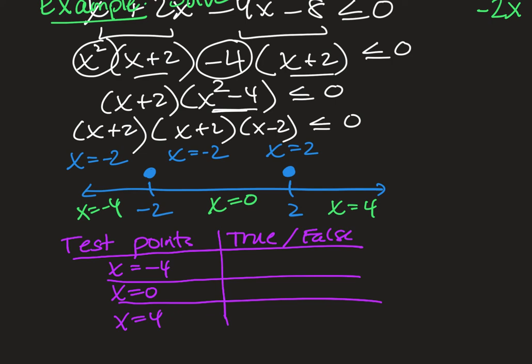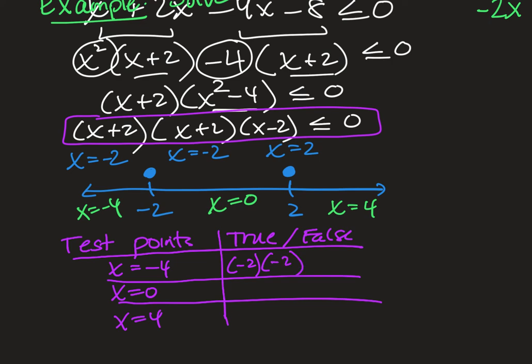I'm looking at the factored version, and I'm plugging in a -4 everywhere. Let me circle it. I'm going to plug in my -4 for each one. If I do -4 plus 2, I get -2. And then again, -4 plus 2, I get another -2.